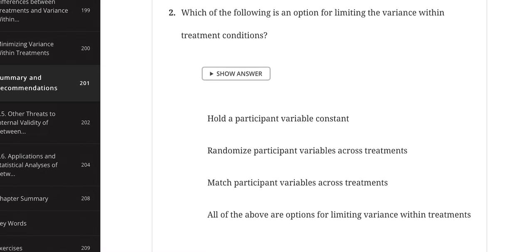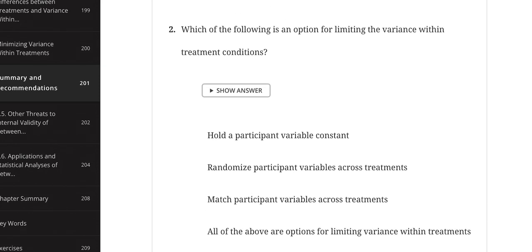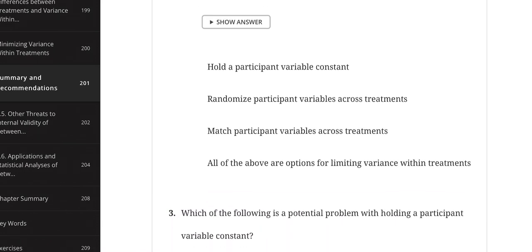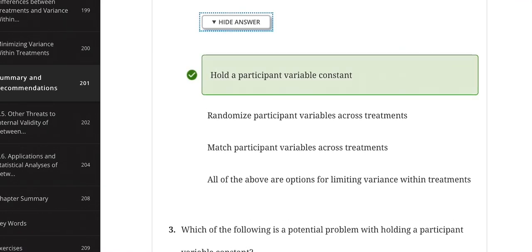Which of the following is an option for limiting the variance within treatment conditions? So we're limiting the variance within. So what are the things that we can do for limiting variance? Can we hold a participant variable constant? Can we randomize the participant variable across treatments? Can we match across treatments? Well, as I mentioned before, randomizing and matching does not actually help within groups variance.